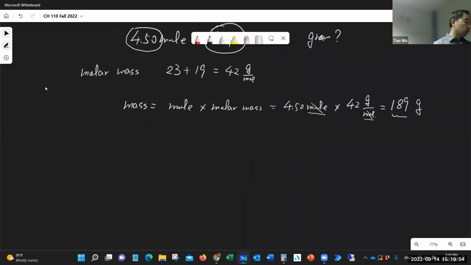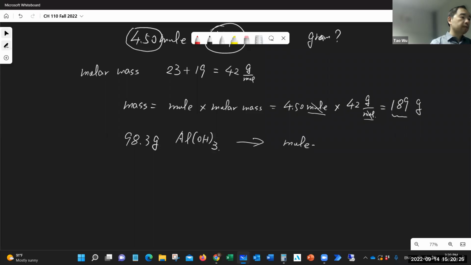Let's do one more question. The second one: how many moles are in 98.3 grams of aluminum hydroxide? So we have 98.3 grams of aluminum hydroxide, and they're asking for how many moles.